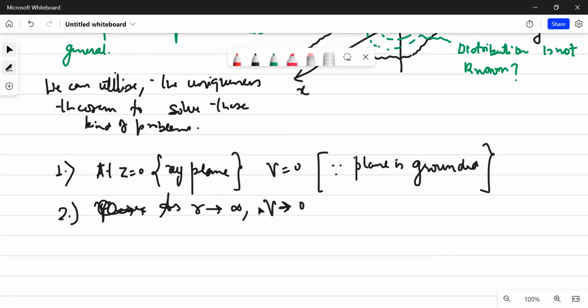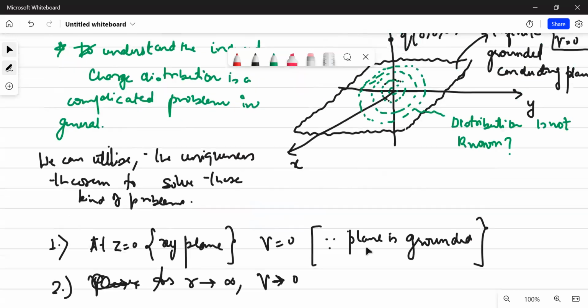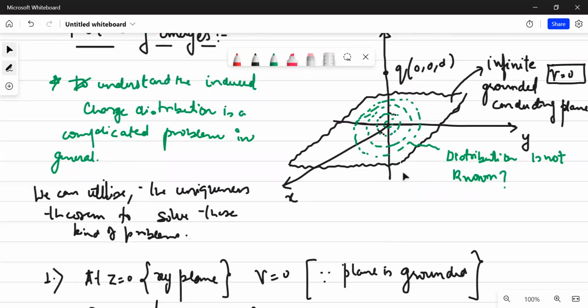Okay. So in any case, I'll forget this original problem. The original problem suggests that at the z equal to 0 plane, my potential must be 0.